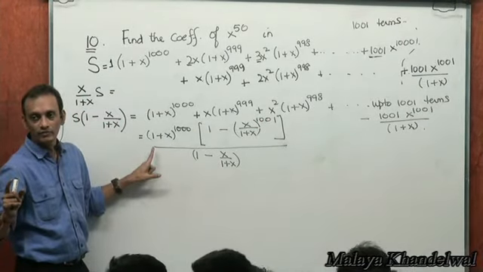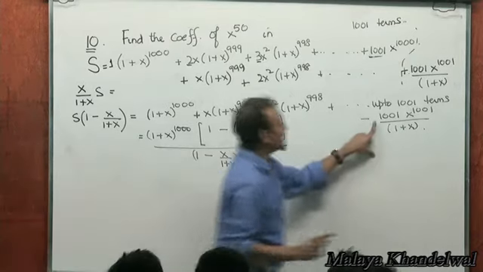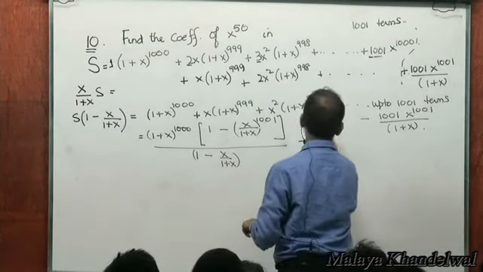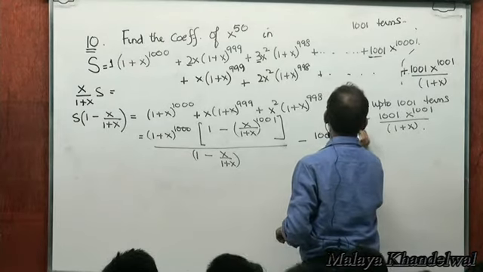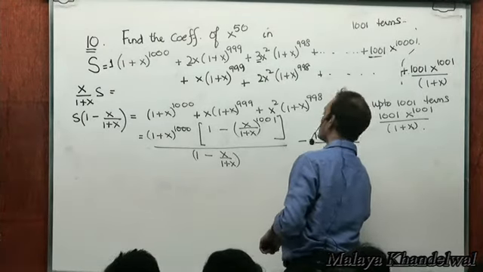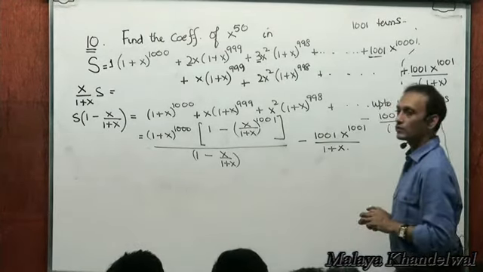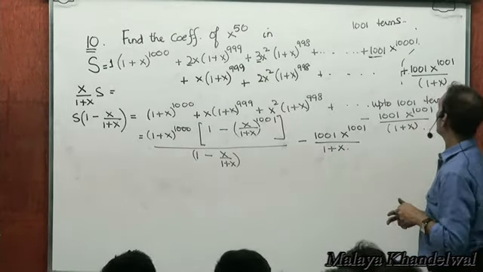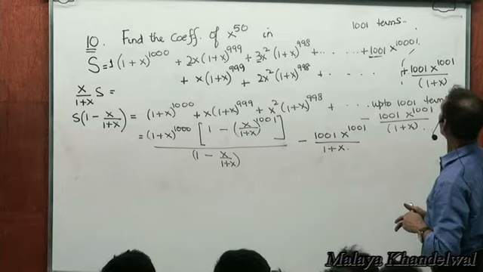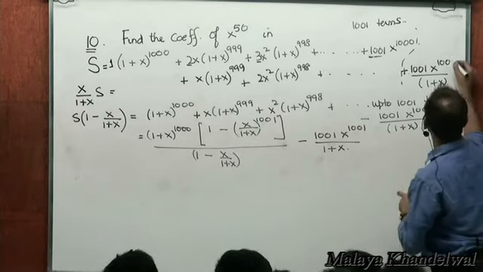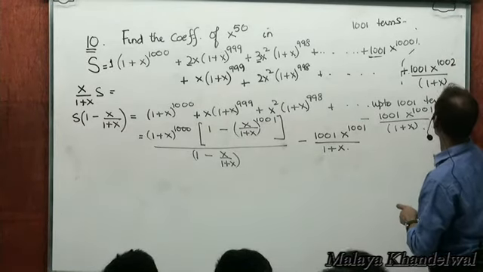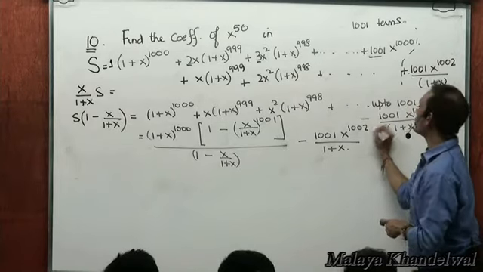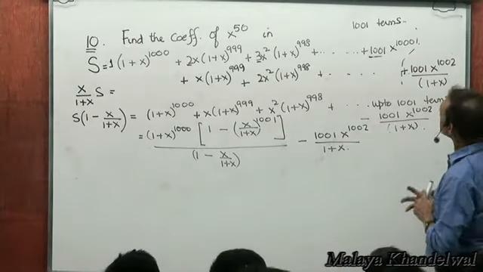And minus, this is unaccounted for, set aside, minus 1001 x to power 1001 divided by 1 plus x. Oh, x by 1 plus x. Oh, this one, right? You're right, Prakhar. This would be all 1002. X by 1 plus x. Yes, absolutely.